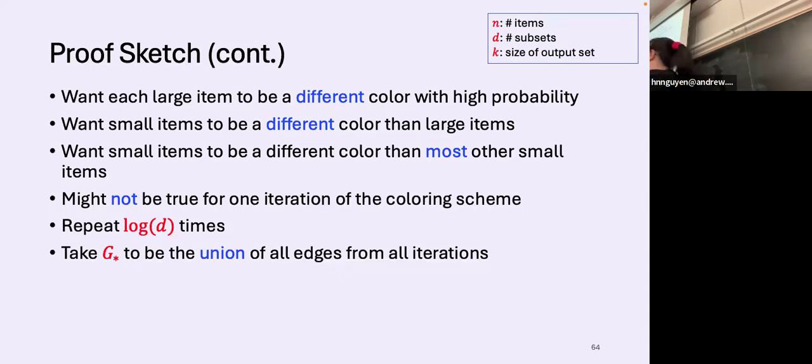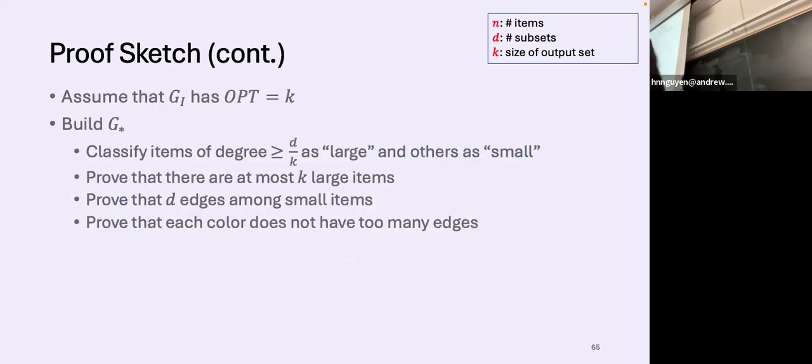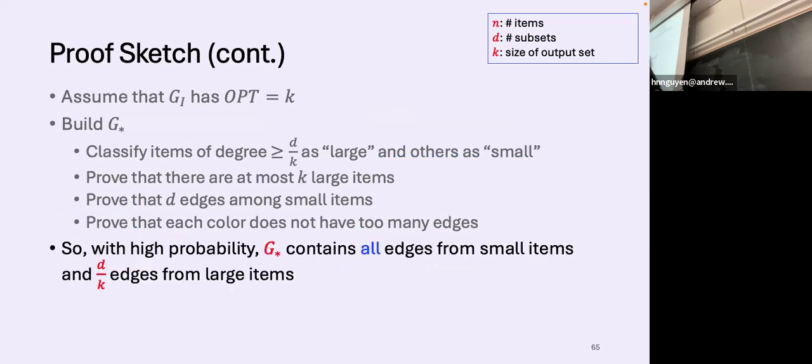What this does is that it gives me these statements in the beginning with high probability, and it just blows up my space by a log D factor, so it doesn't really matter. All right, so I proved all these things.